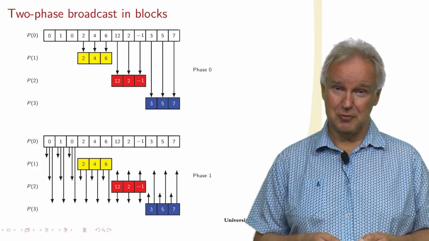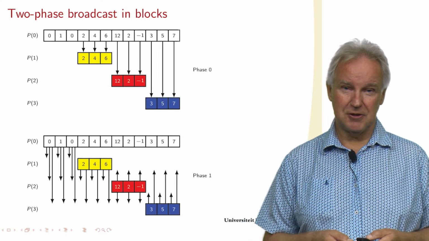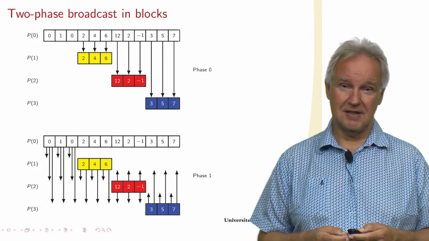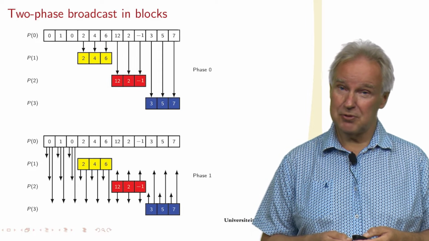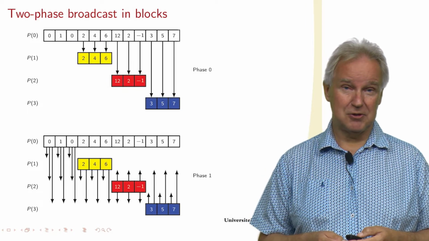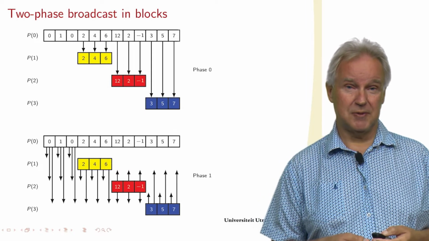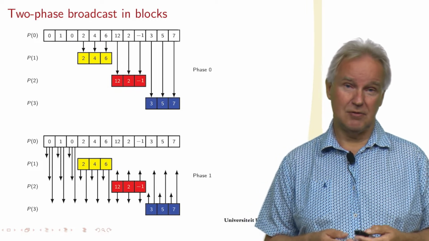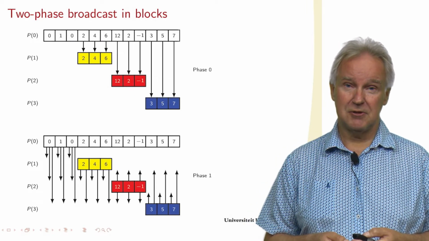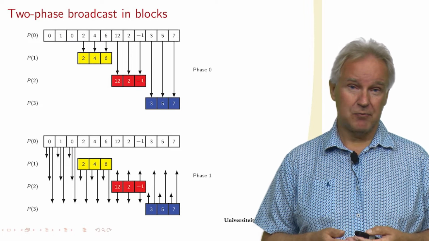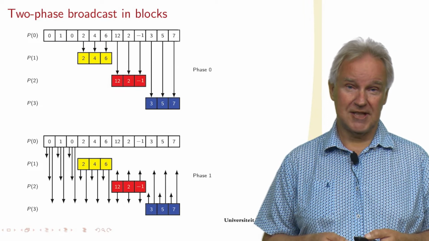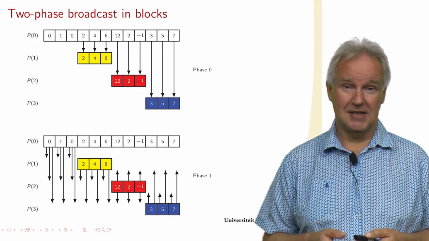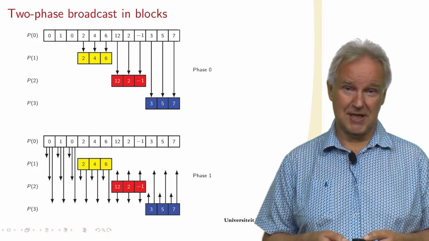If we do it in two phases, processor 0 just takes care to get rid of all the data, sending not all data to all processors, but every data element to one processor. Here we have the situation where we have a block size B of 3, and processor 0 has 12 elements, but it sends to each of the other processors a quarter of the data, and it also keeps the first part to itself.